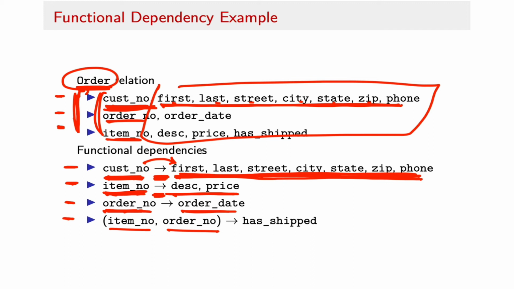However, this notion of functional dependency also gives us some idea about how to convert it into multiple relations that are themselves in second normal form. We basically can use this information of the functional dependencies to partition the order relation into smaller relations that do respect these functional dependencies.